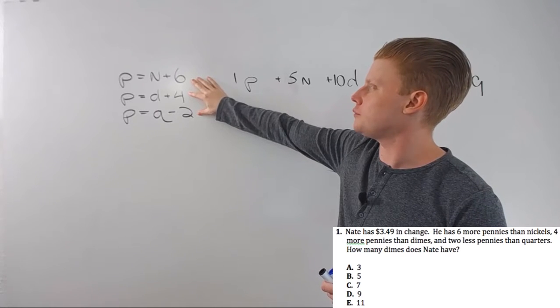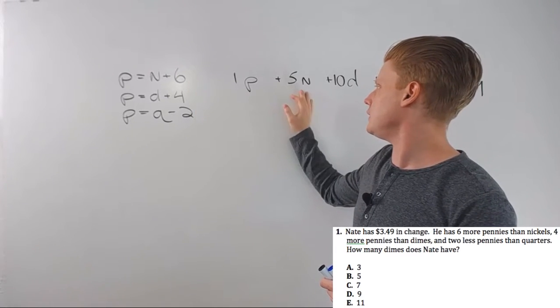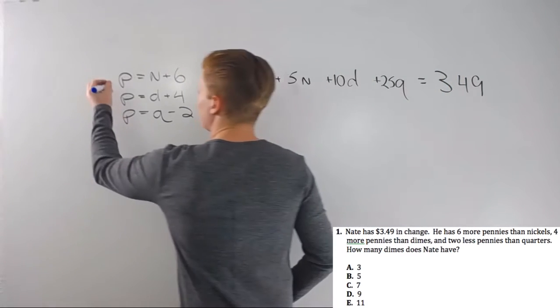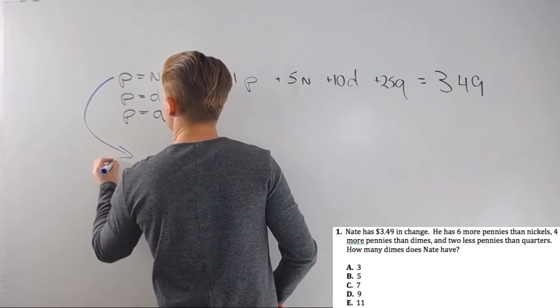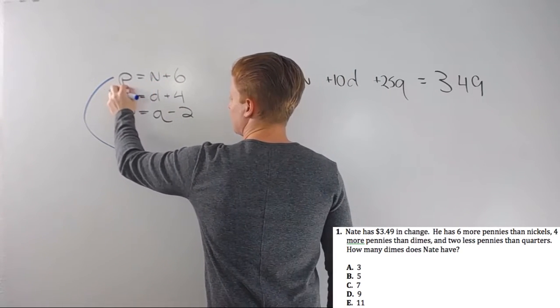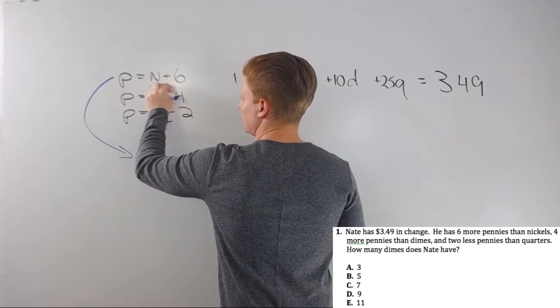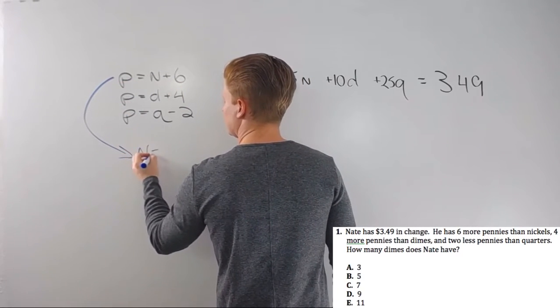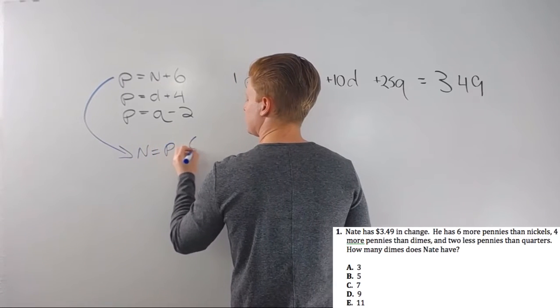Because for me to substitute pennies in for nickels, I need to have this as n equals. So I'm going to rewrite these equations. I'm going to subtract 6 to get rid of the 6 with the n and move it over here. So I'll have n is equal to p minus 6.